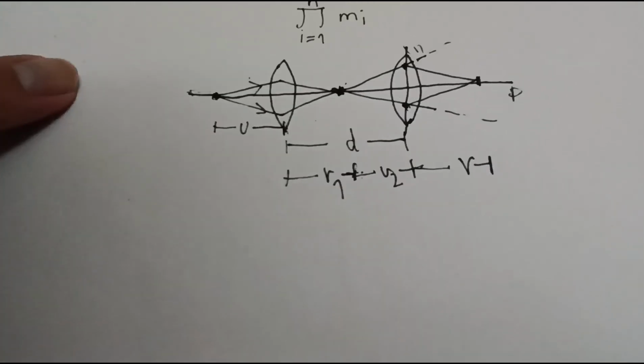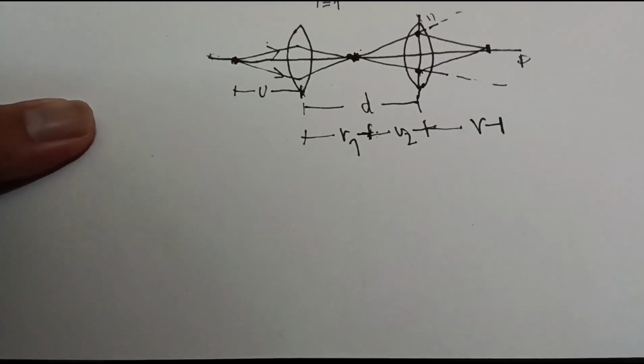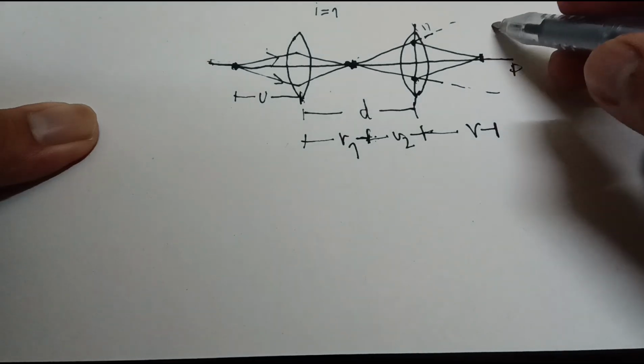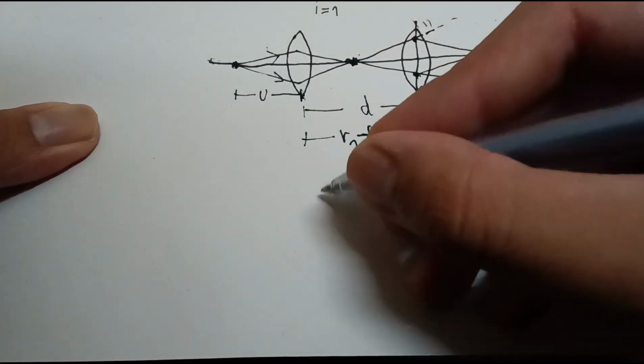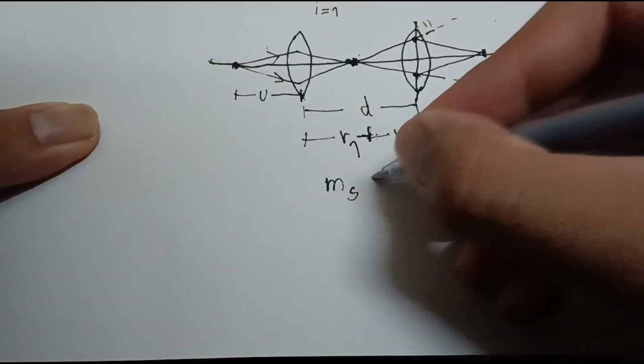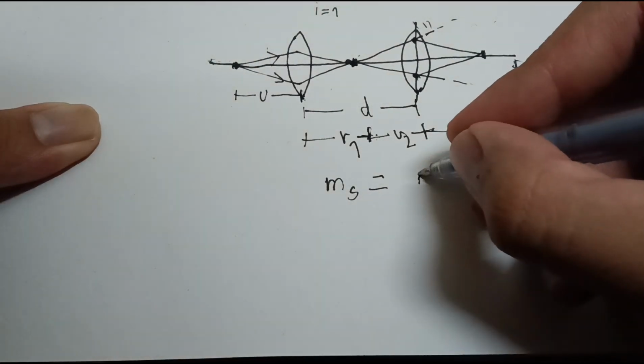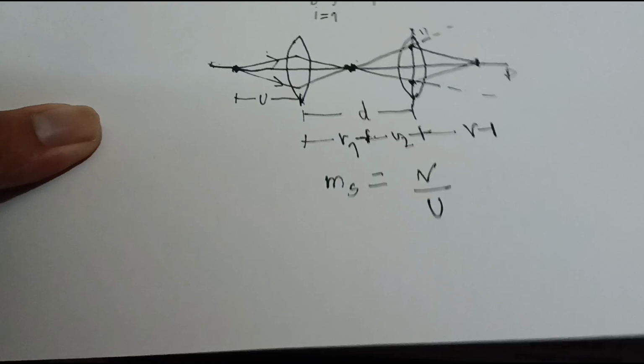Now let's do the maths, because maths is the most important thing here. So what is the formula of the magnification of this net system? It's Ms equals to v upon u.